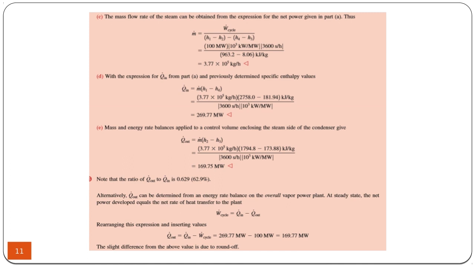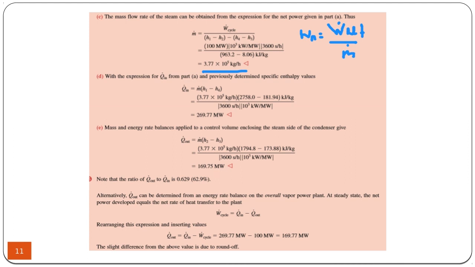Mass flow rate can be calculated from what we have already written, because net work is equal to W dot net divided by mass flow rate. Here we can obtain the mass flow rate, and you can see that the mass flow rate is 3.77 times 10 to the 5 kilograms per hour.